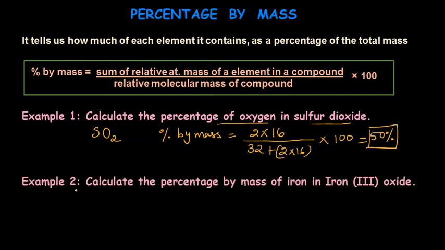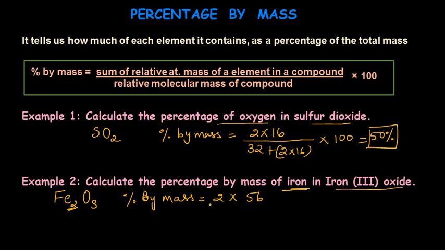Let's see example number 2. It says calculate the percentage by mass of iron in iron(III) oxide. Again, we need to know the formula of iron(III) oxide, which is Fe2O3. By the formula of percentage by mass, we sum up the relative atomic mass of iron to calculate its percentage. The atomic mass of iron is 56, and as we have 2 iron atoms, we multiply 56 by 2.